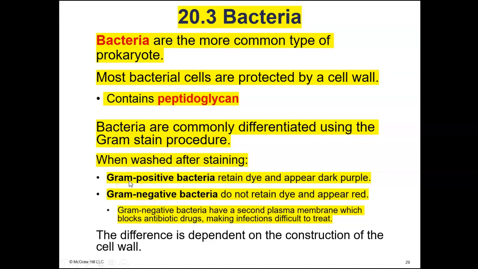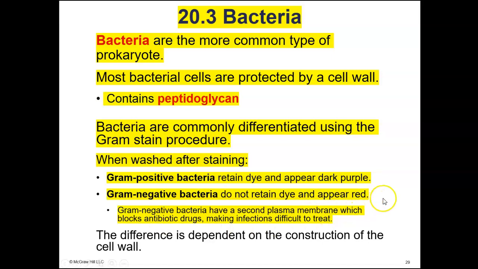Gram-positive bacteria will retain a dark purple stain, and they will appear dark purple when we look at them under the microscope. They have a thicker peptidoglycan layer that allows them to retain that stain. Gram-negative bacteria won't retain the stain because their peptidoglycan layer is thin, not thick.